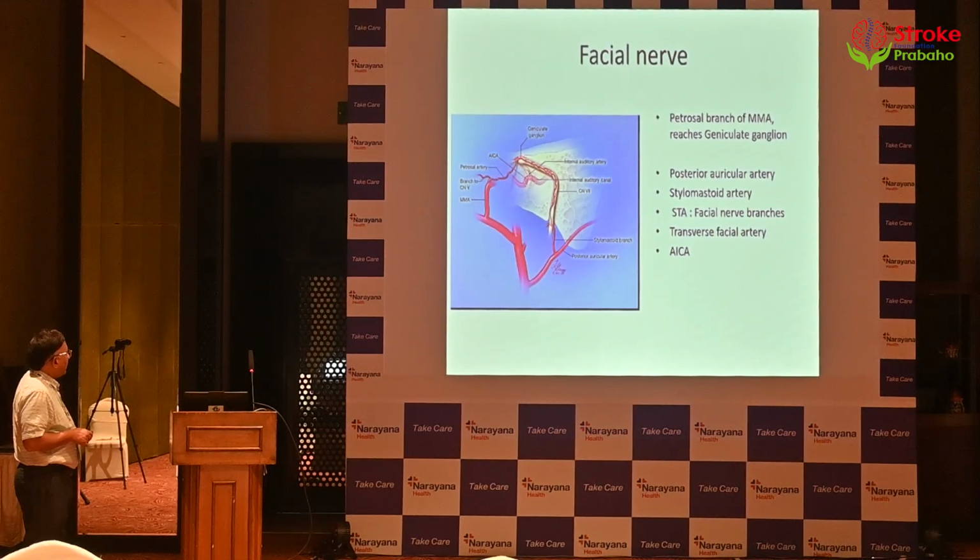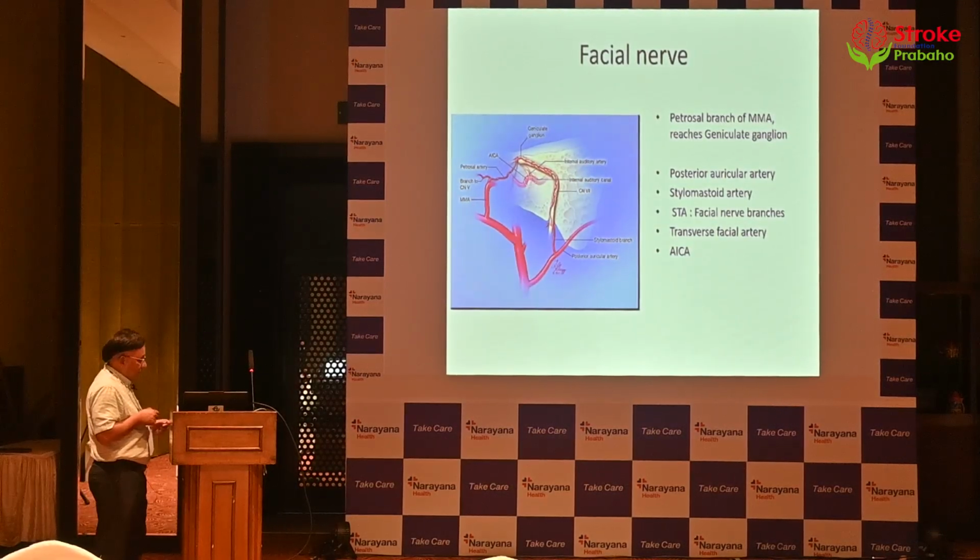But this geniculate ganglion is also supplied by the posterior auricular artery. The posterior auricular artery is the stylomastoid branch of the occipital artery, facial artery, and as well as by the ICA. So it has a very rich supply from the various segments. We know that the ICA supplies the seventh and eighth cranial nerve.